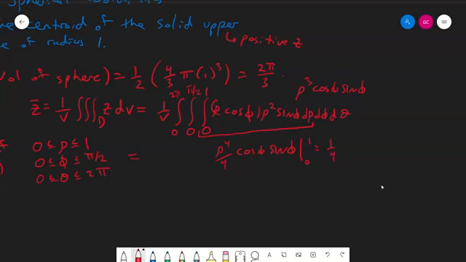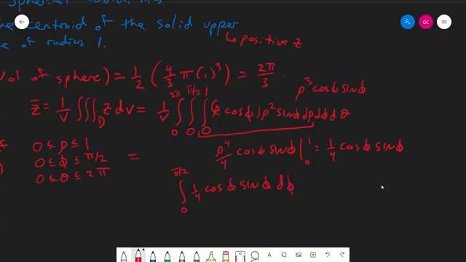And so that ends up giving you just 1/4 cosine phi sine phi. All right, so that was the inside integral. Now you have the integral from 0 to pi over 2 of 1/4 cosine phi sine phi d phi.